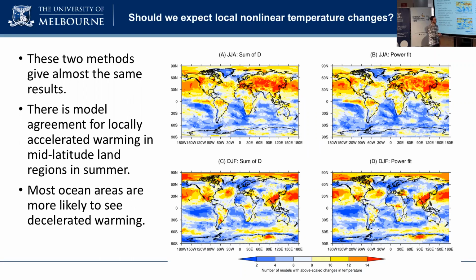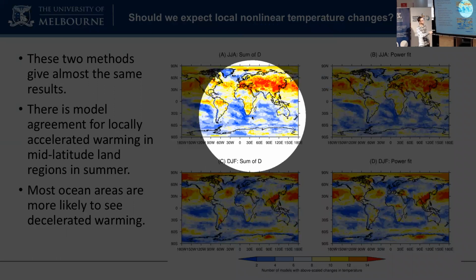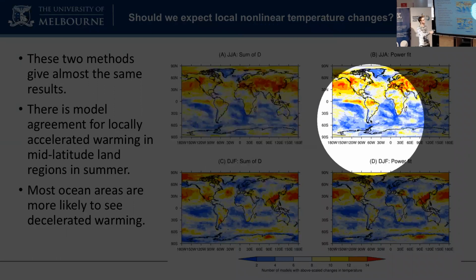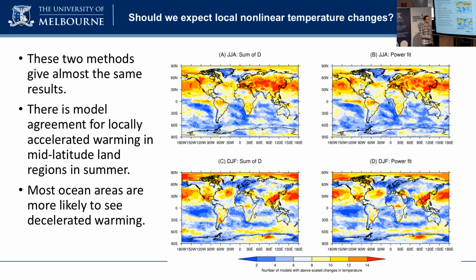And the first thing you note is that this general pattern we see based on the one method is reproduced with the other method. They're in very strong agreement. So it's fairly robust. How you define the nonlinearity or how you quantify it doesn't make a huge difference to the results, which is nice. And the other thing you'll note is that there are general patterns here.